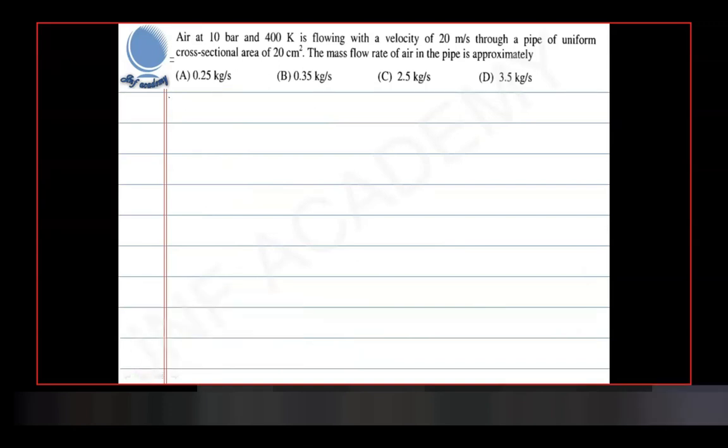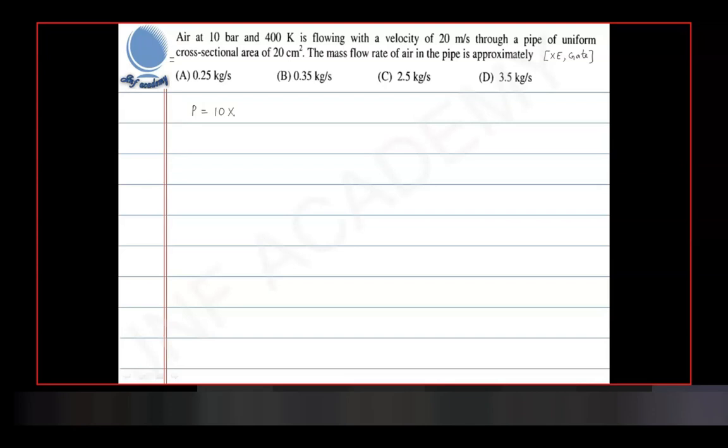Okay, first question is very simple, very trivial. Work it out, take your calculator, work it out and tell me the answer. So let me write the details.